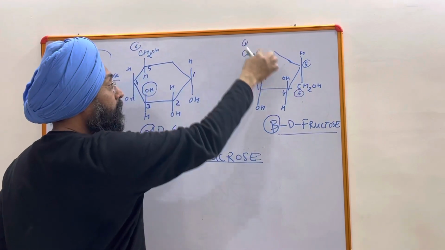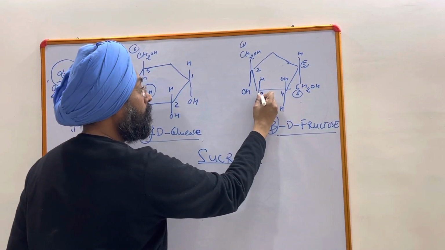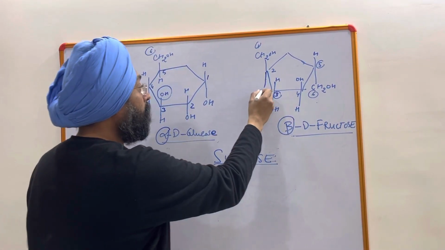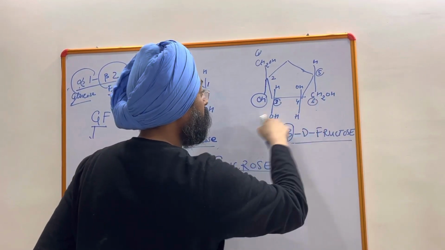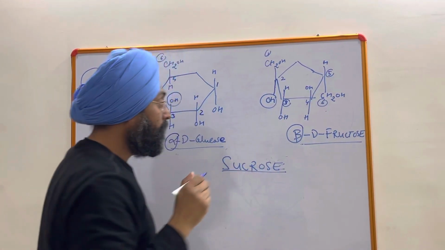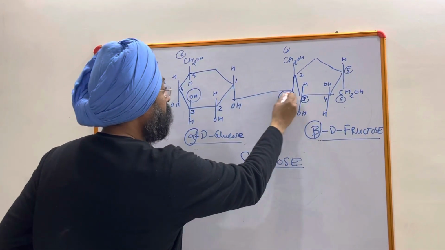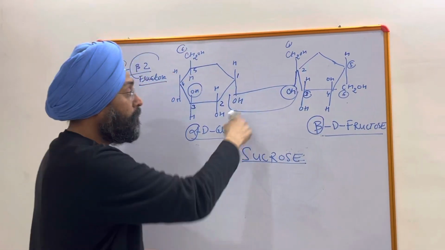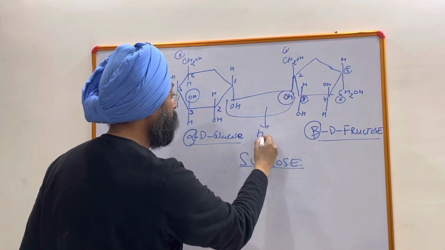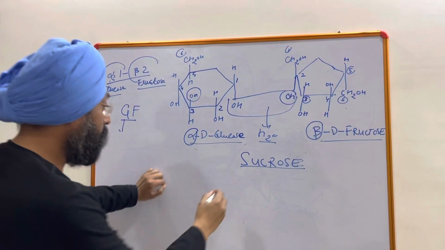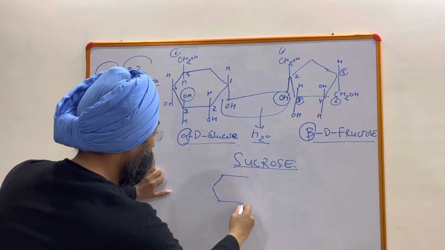The numbering is 1, 2, 3, 4, 5 and 6 carbon. The OH group of second carbon and the sixth OH on the same side, so it is beta fructose. The bonding is alpha 1 and beta 2. Bond will form and water molecule will come outside, so we'll get sucrose.